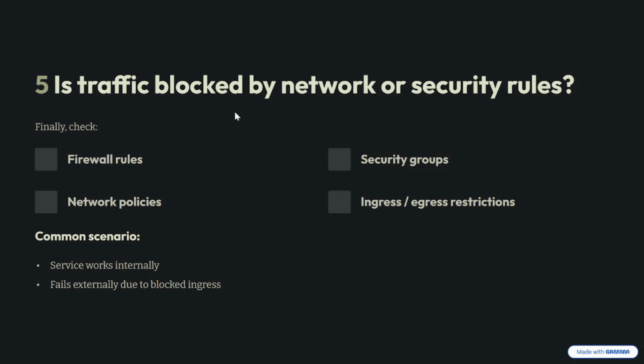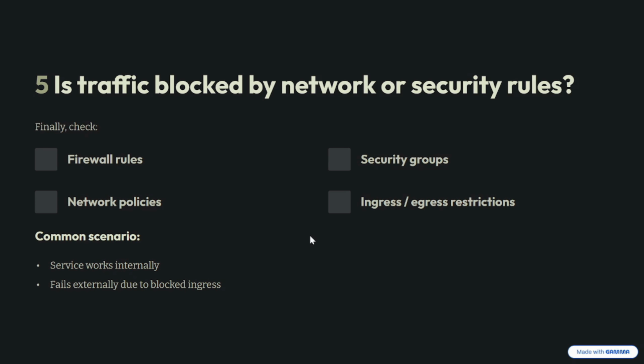Next one is: is your network or security blocking it? If the previous steps look correct, check the network layer. Look at the firewall rules, security groups, network policies, ingress or egress rules.